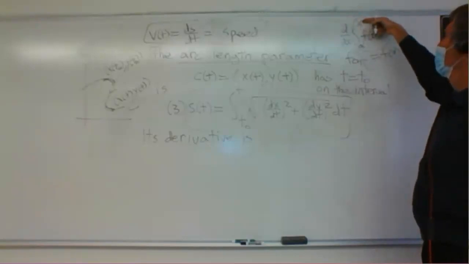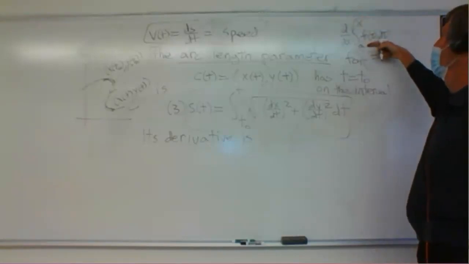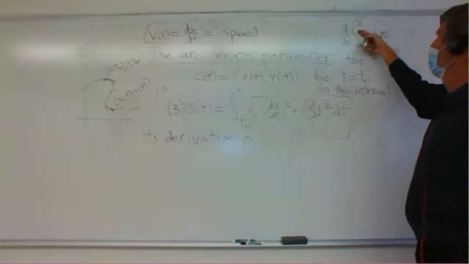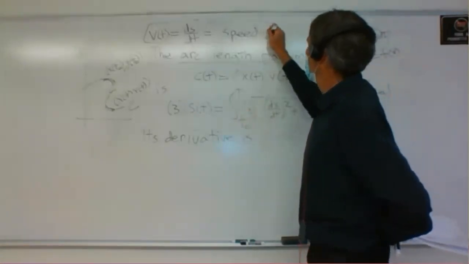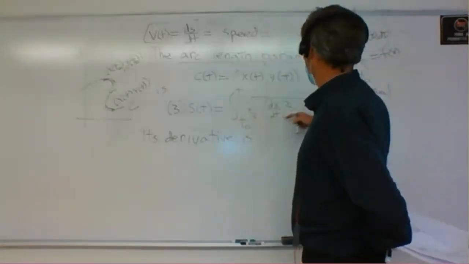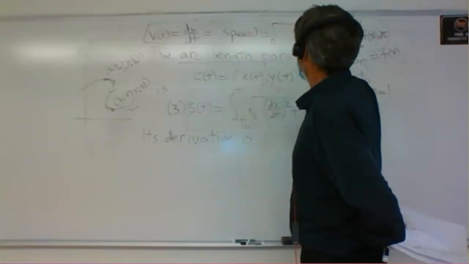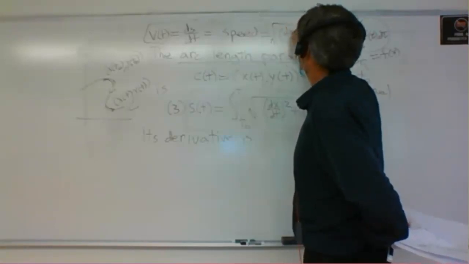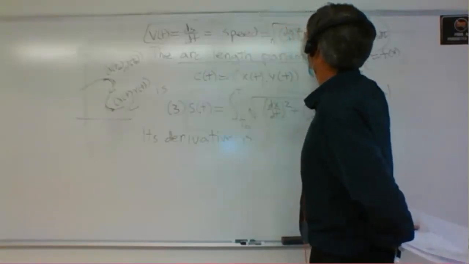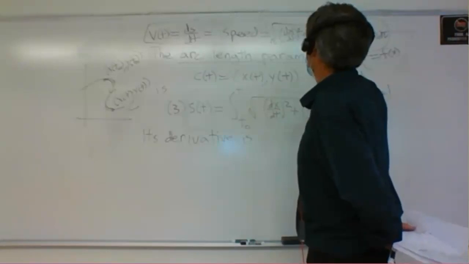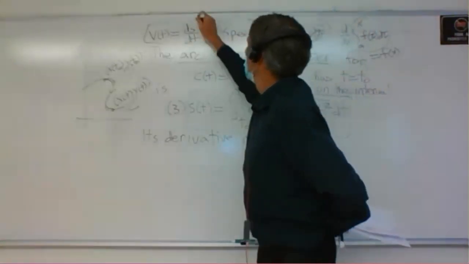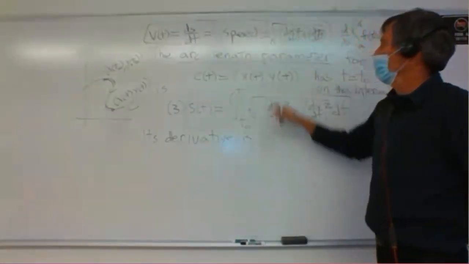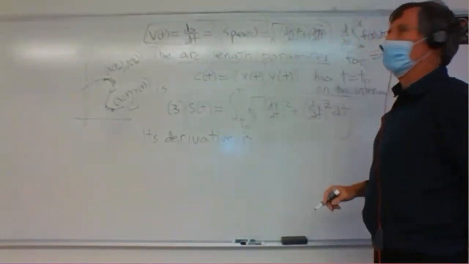If you go from a to a variable endpoint, it's an antiderivative of the function whose derivative is this little f. You take the derivative of the antiderivative, you get f back. So that's what this is here. This must be the integrand, the square root of dx dt squared plus dy dt squared. So there's the speed. You can measure the speed v of t as this square root.